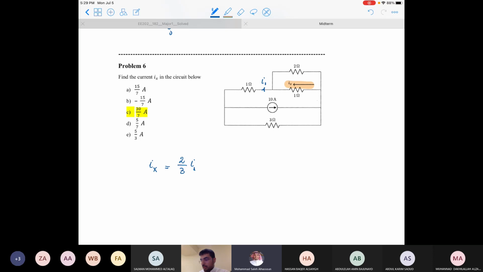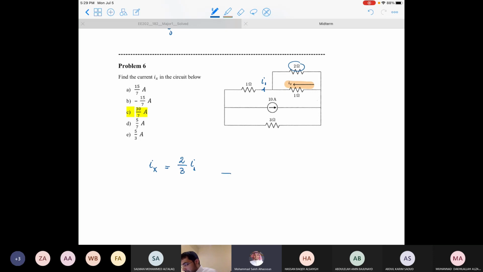Ix is going to be I1 multiplied by 2/3, the resistor that I'm not interested in, divided by the summation. Now if I know this, once I find I1, I can easily find Ix. So let's now change the problem to finding I1.